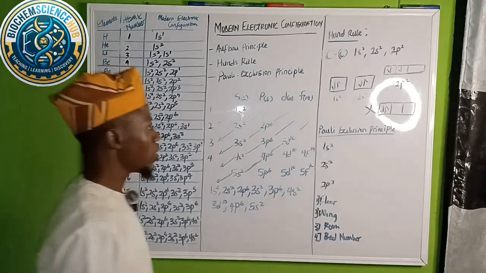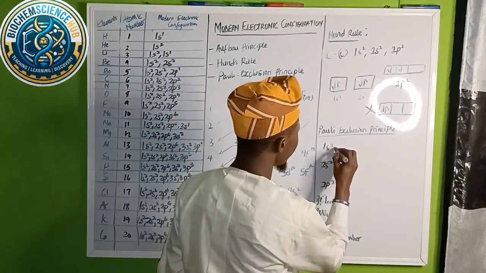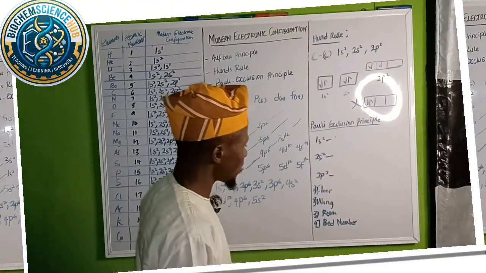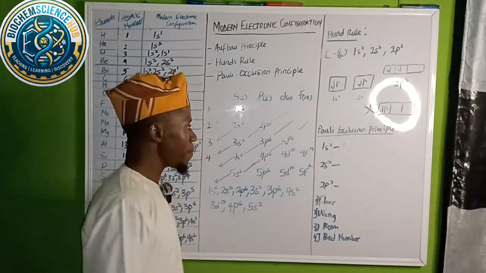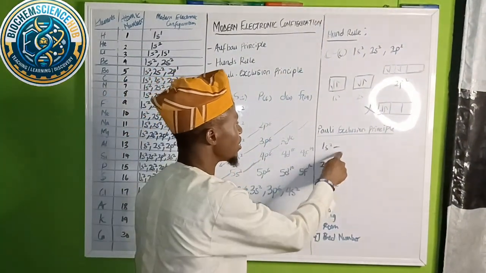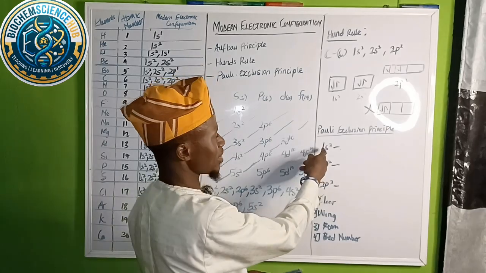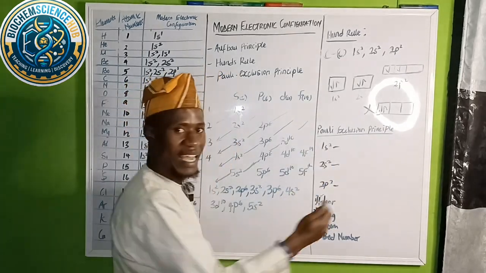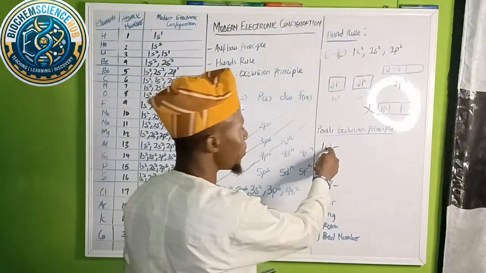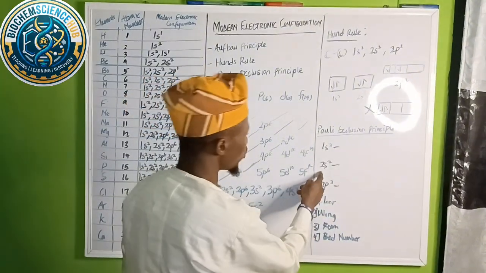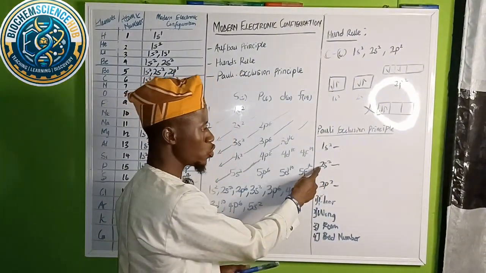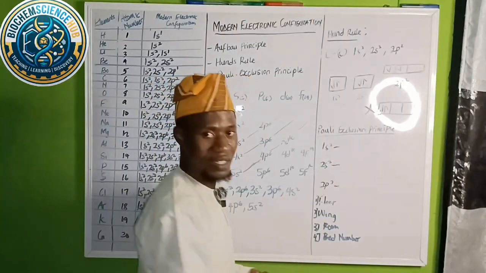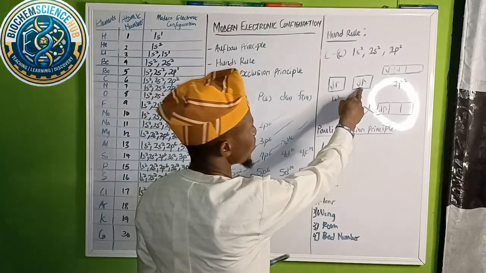So this 1s2, 2s2, 2p2, using this floor, wing, room, and bed number. We can say this 1s, that's floor 1, and we have s wing and 2 beds full. This one we have floor 2, s wing, 2 beds full.